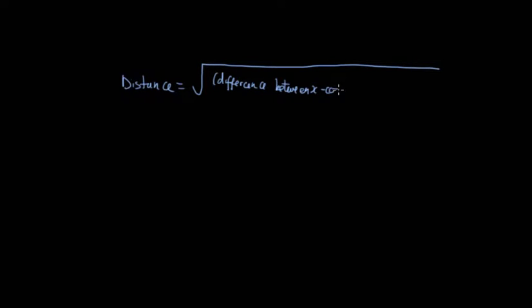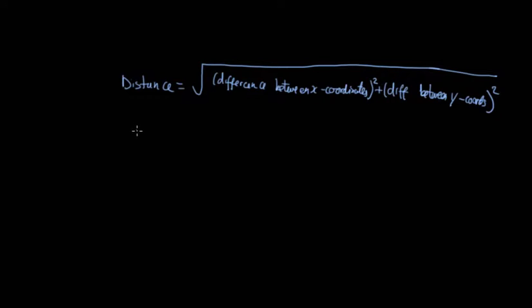The distance of that line that we just considered was the square root of the difference between x coordinates squared plus the difference between y coordinates squared.